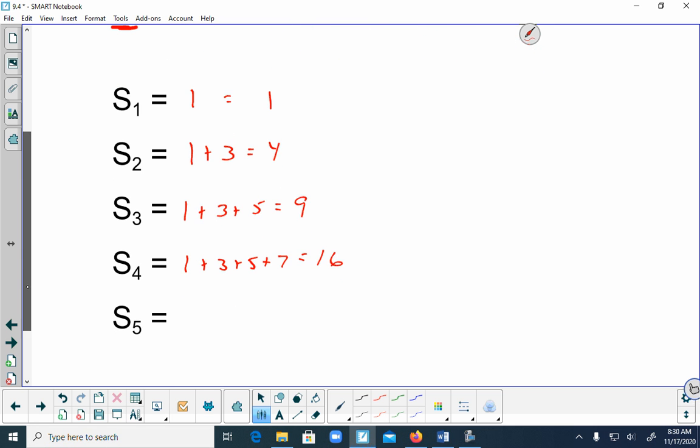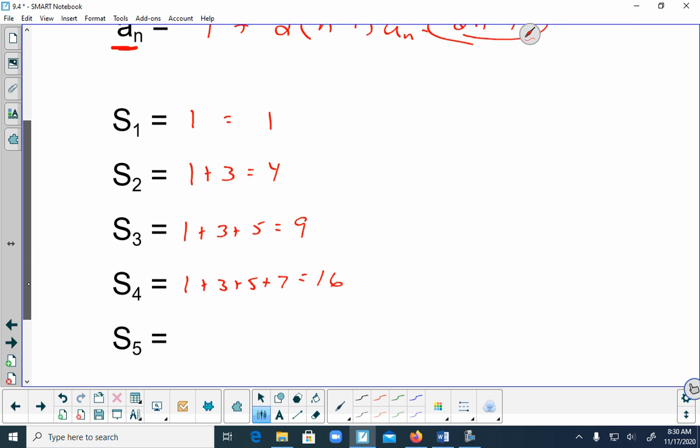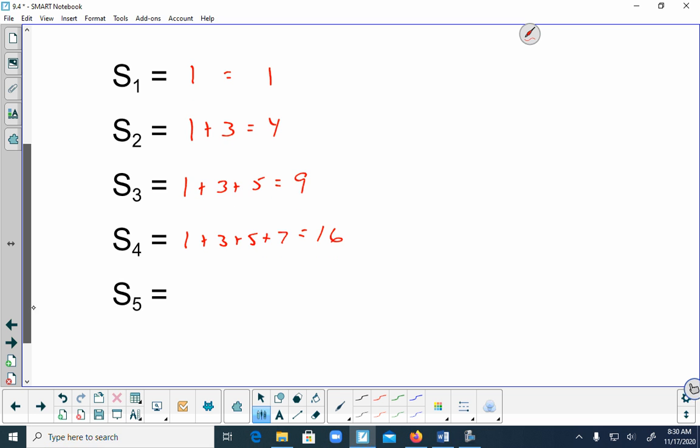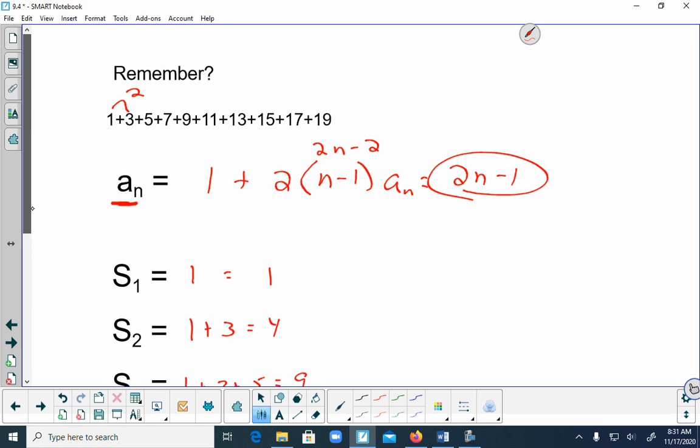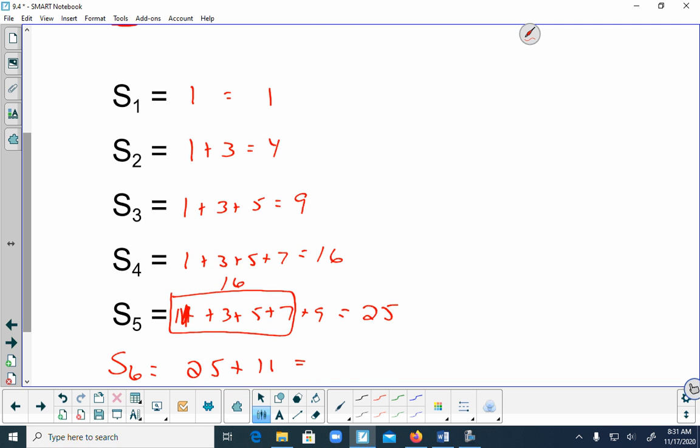For the fifth, I'm going to add 9 to the 16, and I get 25. And if I were to find the sum of the sixth term, I would take 25 and add the sixth term, which is 11, and get 36.